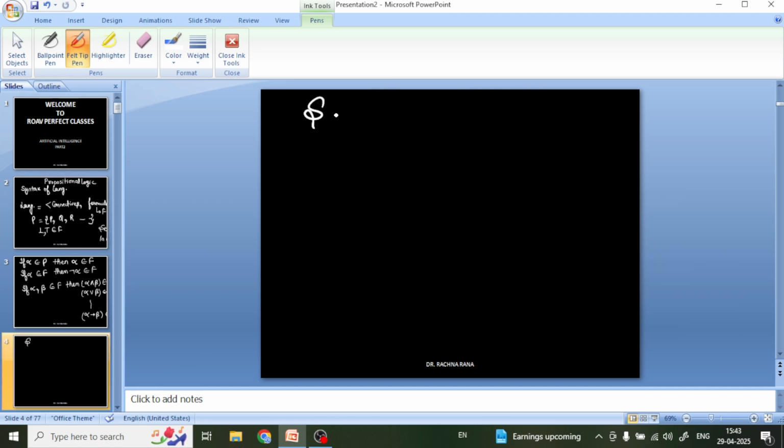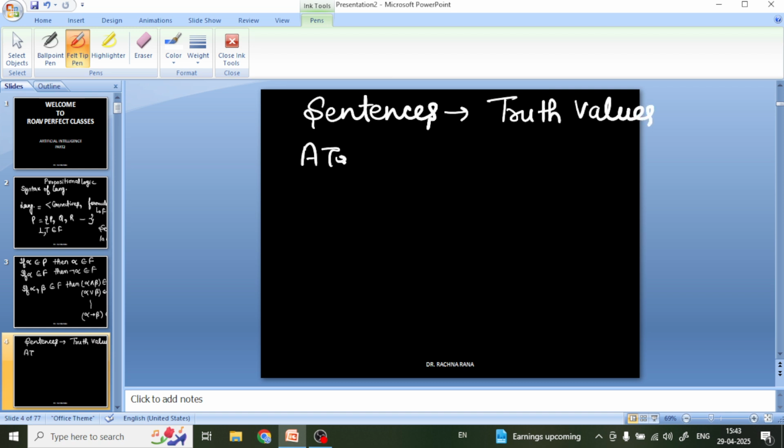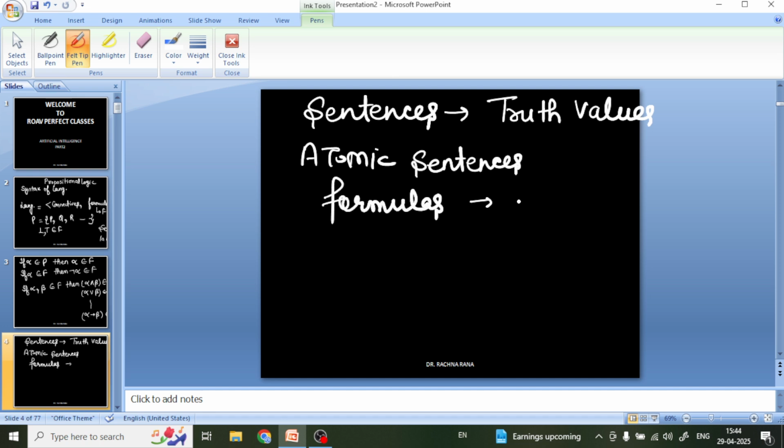You should keep in mind that sentences have truth values: atomic sentences, formulas, and the semantics of connectives.